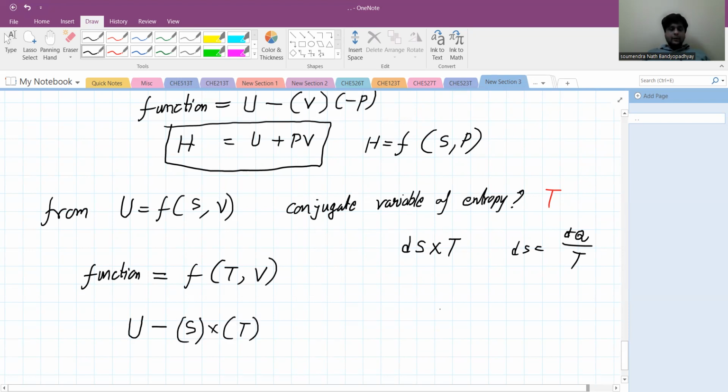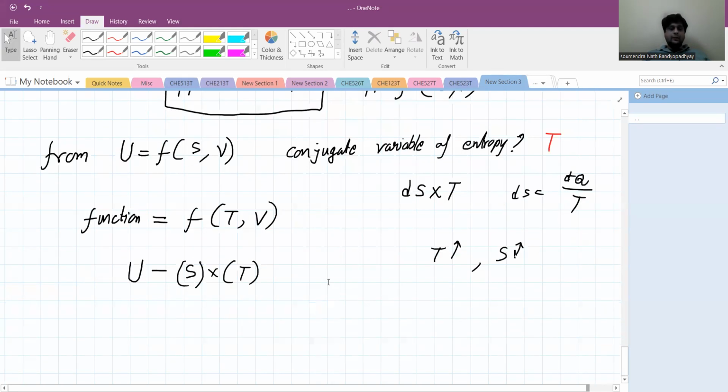Now what is the relation between T and S? If you increase temperature, entropy or disorder of the system will also increase. So it is S multiplied by T. No negative sign is there as in the before case. So the new function is U plus TS.